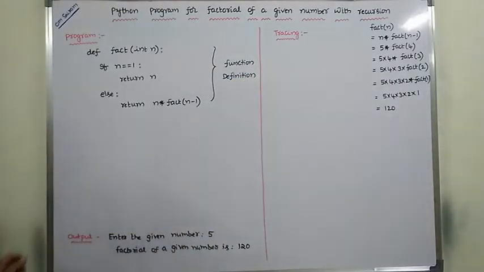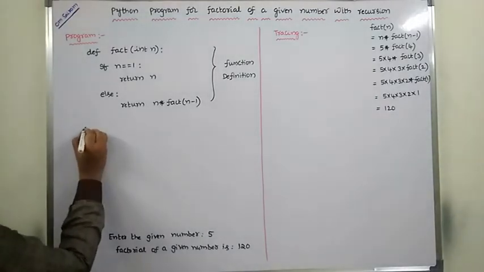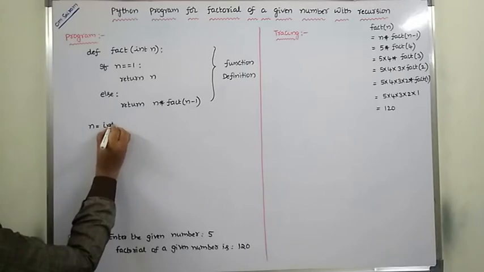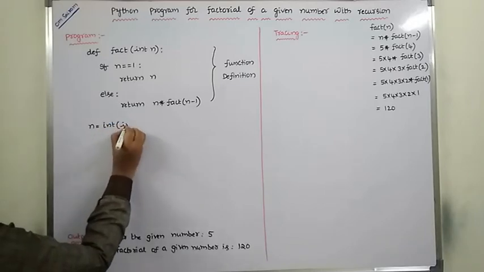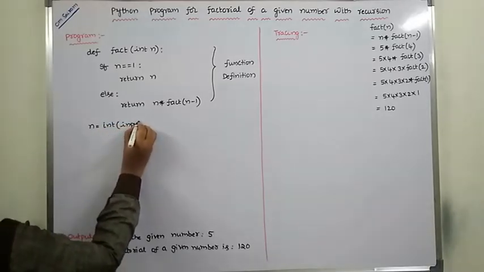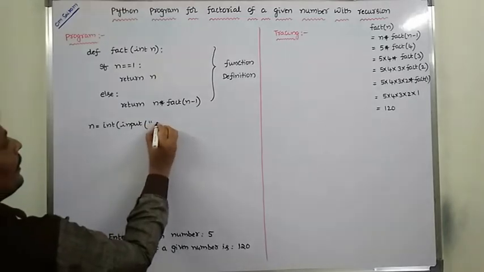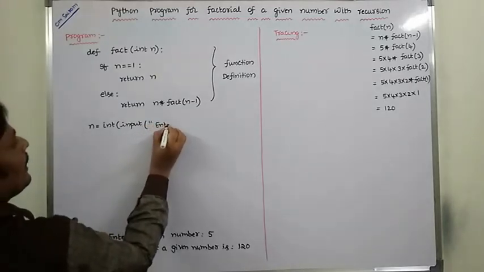Now here n is equal to int of input of "Enter the given number".